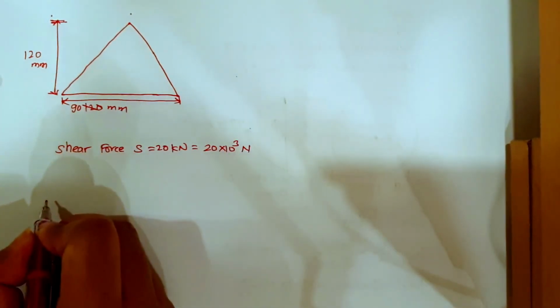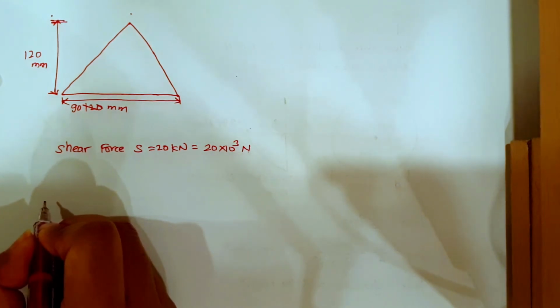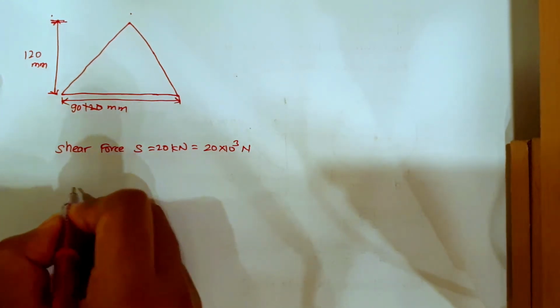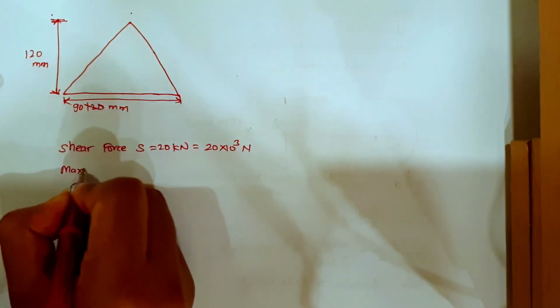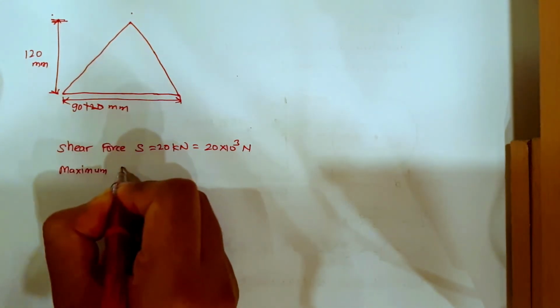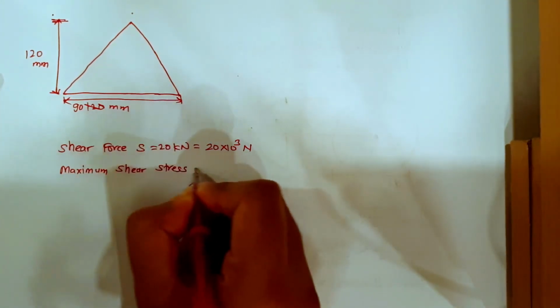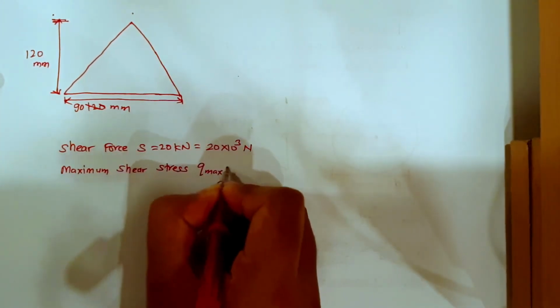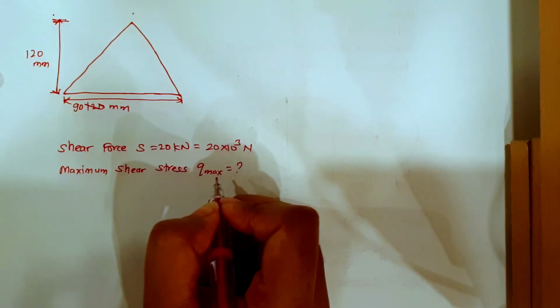Then we are asked to find Q max, the maximum shear stress, and sketch the shear stress distribution diagram along the depth of the beam, indicating all the values at controlling points.